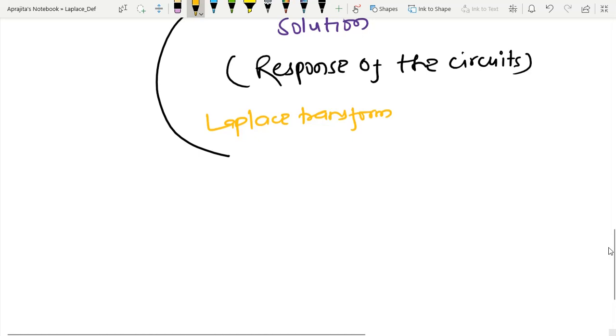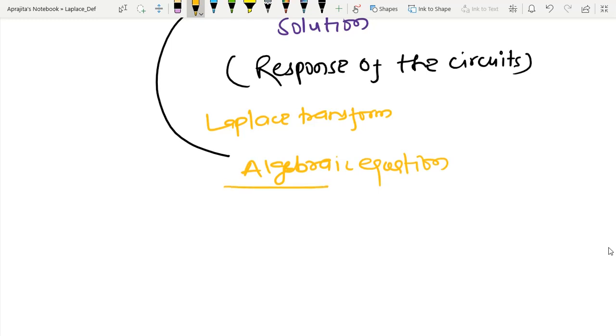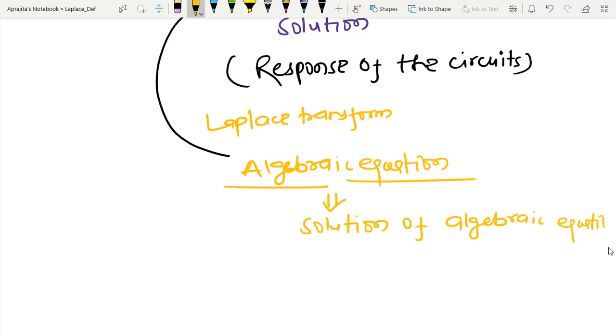So this differential equation is now going to be converted into an algebraic equation. And the solution of this algebraic equation, that is nothing but the complete response of the circuit.